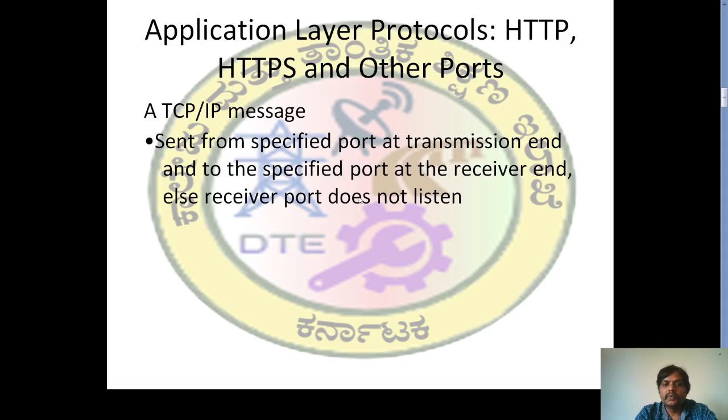Otherwise, the receiver port does not listen. That means a packet meant for HTTP is going to use the port number of HTTP only. So if the port number changes, then the packet will not reach the HTTP application.